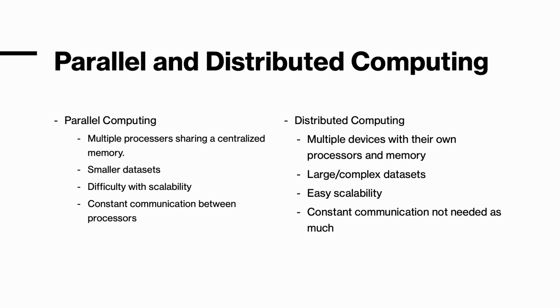So first, parallel computing. Parallel computing is mainly one machine that has multiple processors. The processors all share the same amount of memory that comes on the computer or device. It's mainly used for smaller data sets as compared to distributed computing.